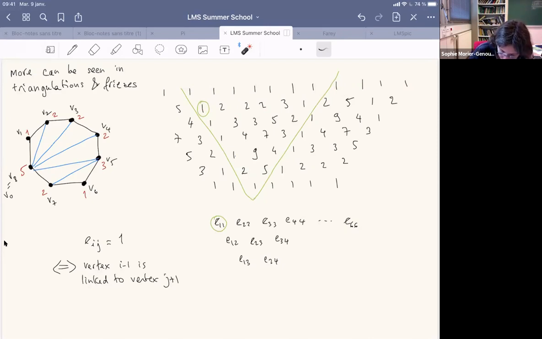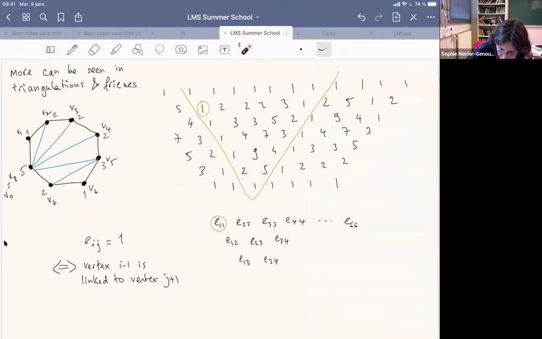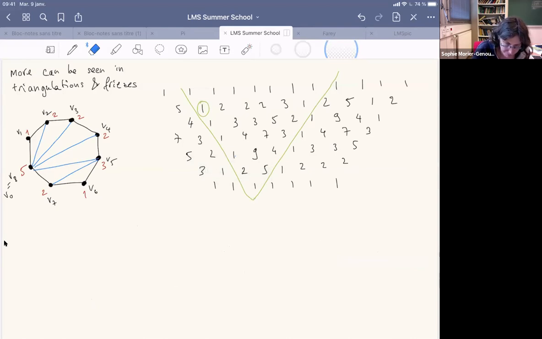I'm going to erase also the numbers here. So I clean a little bit. I'm going to reuse the picture, but with different operations.